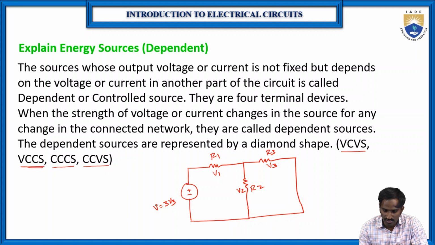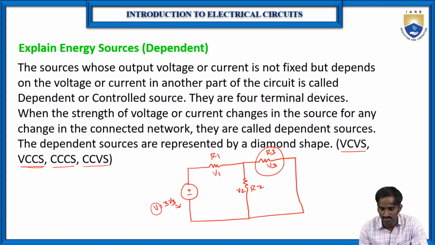This means the voltage source value V depends on V3, the voltage across the resistor R3. So that's why this is a voltage dependent voltage source, or voltage controlled voltage source, because this voltage source is controlled by the voltage across the resistor R3.